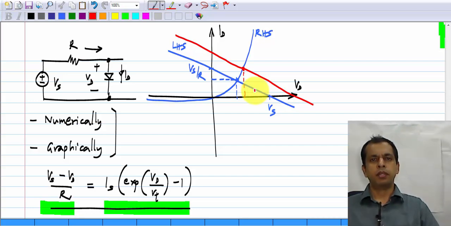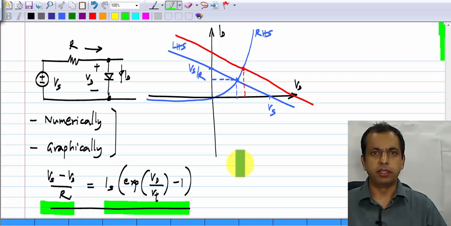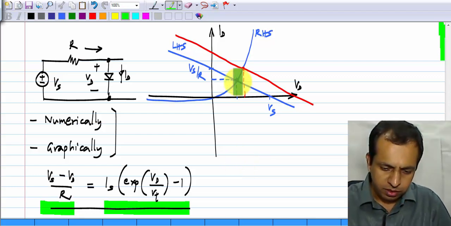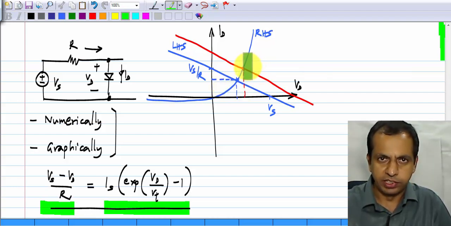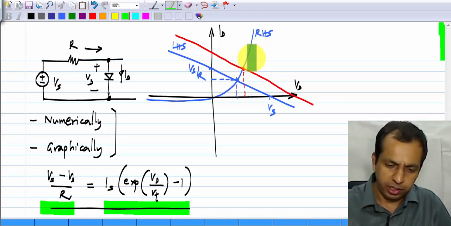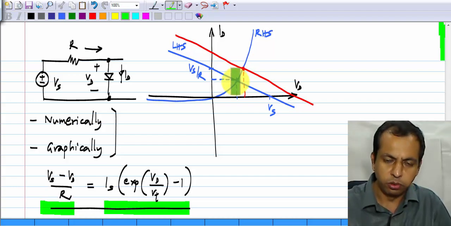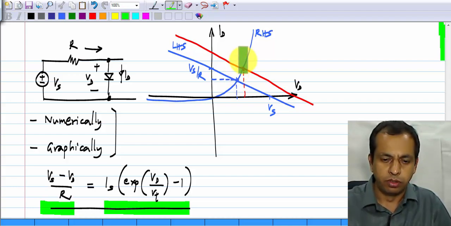The simplification that we will make is the following. You see that the original solution is here and the new one is there. We will assume that as Vs changes, it will move to a new point on the nonlinear curve, but it will not move too far away. That is, this point is close to this point. Now, we will see later what close means.